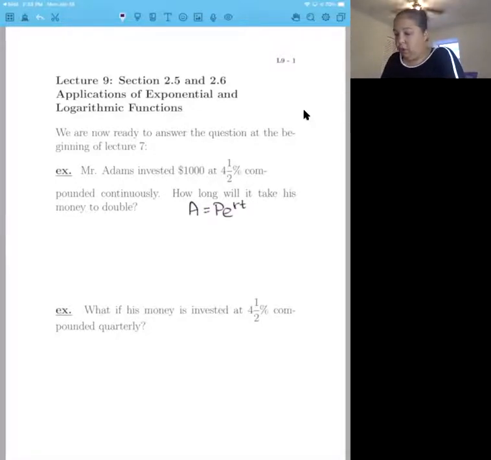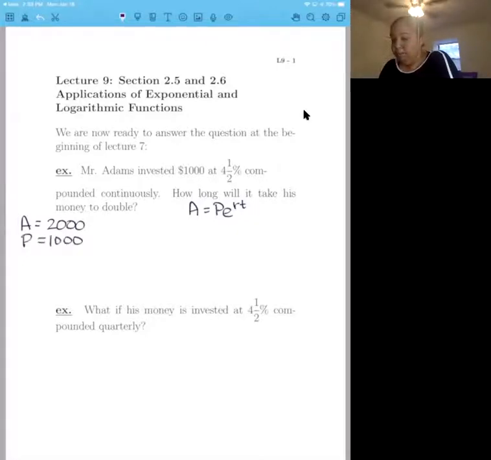In this particular question, A is going to be 2,000 because we want our amount to double, and he invested 1,000. So doubling that would be 2,000. Our rate is 0.045. And we want to know the time that it takes for it to double. All right, so we're looking for t.